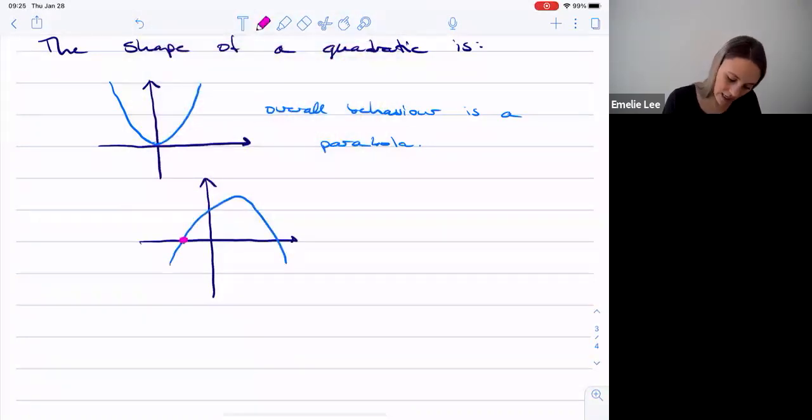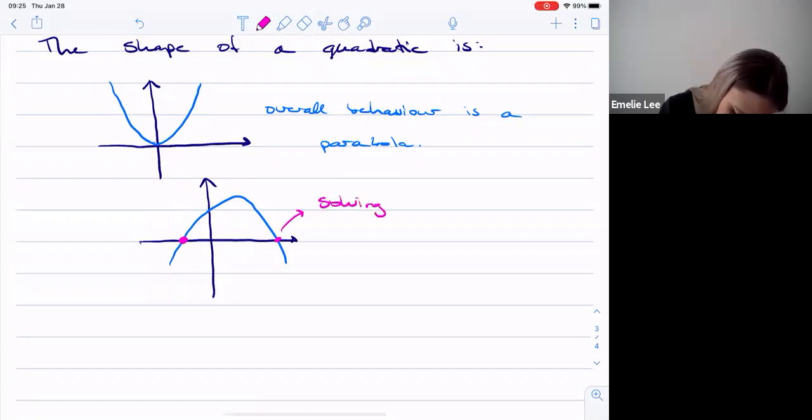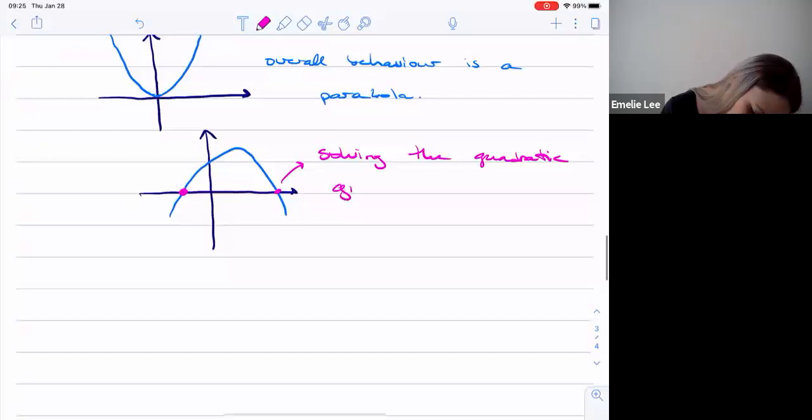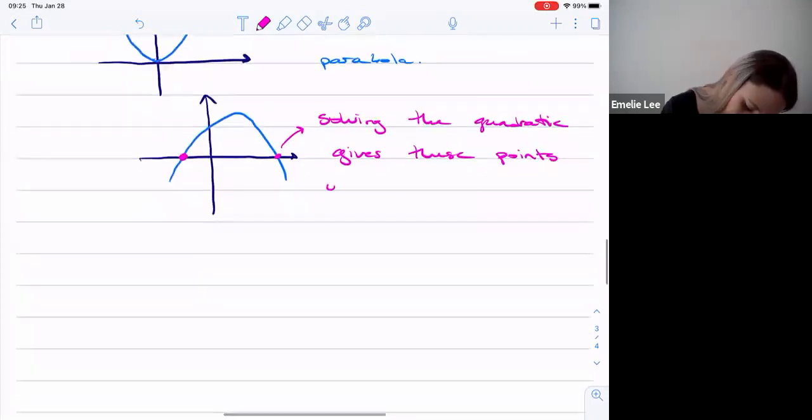So what we're finding is these are where we cross the x-axis, right? And so when we solve the quadratic, it gives these points, often called the roots.